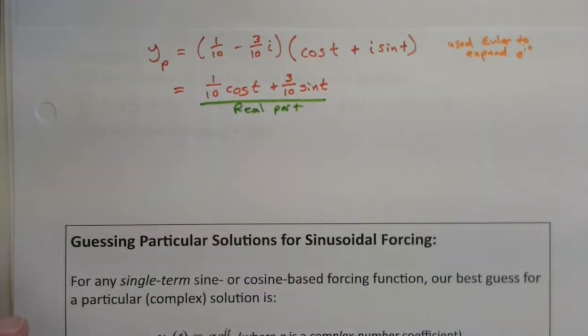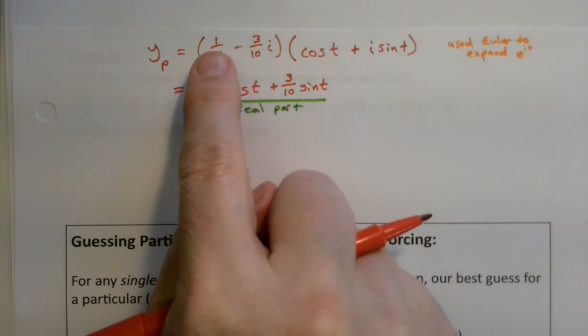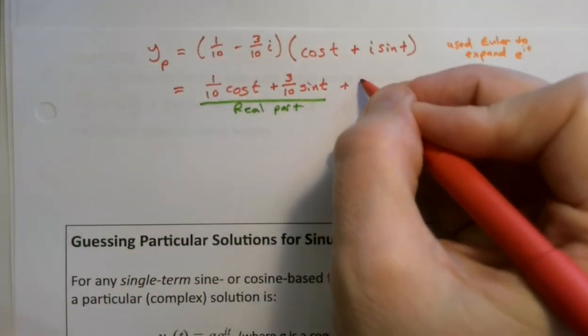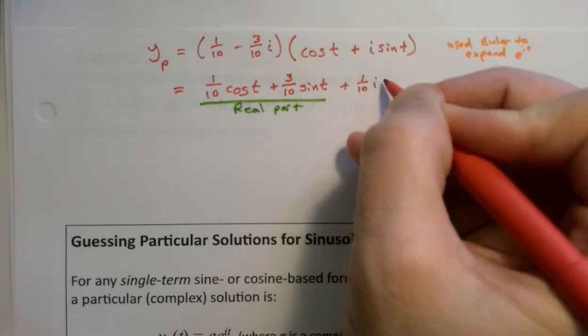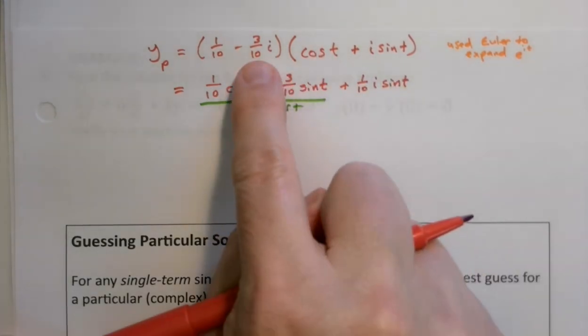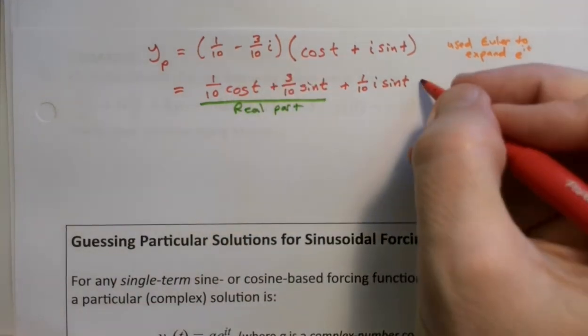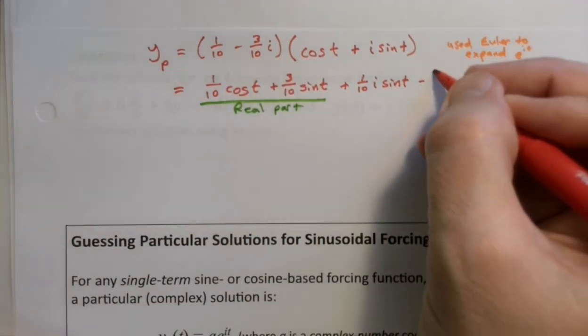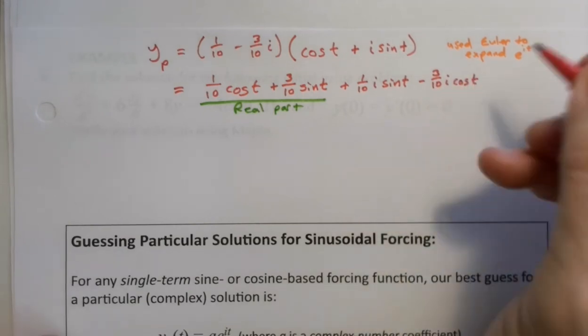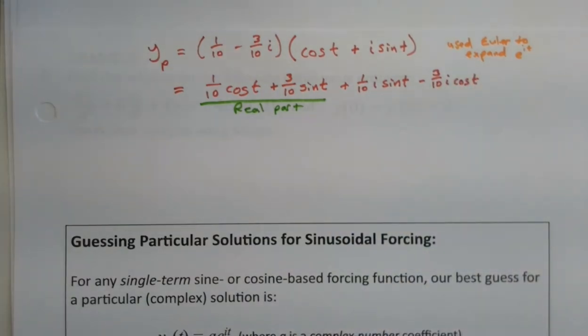But there's also an imaginary part, and that comes from the 1/10 times the i sine t, and then also from the negative 3/10 times i times cosine t. And so that part is what we would call the imaginary part.